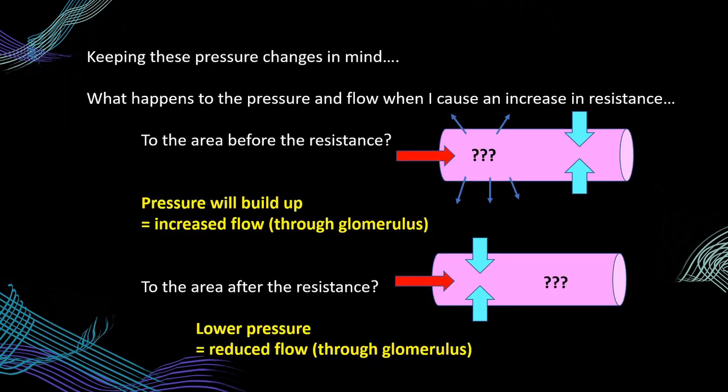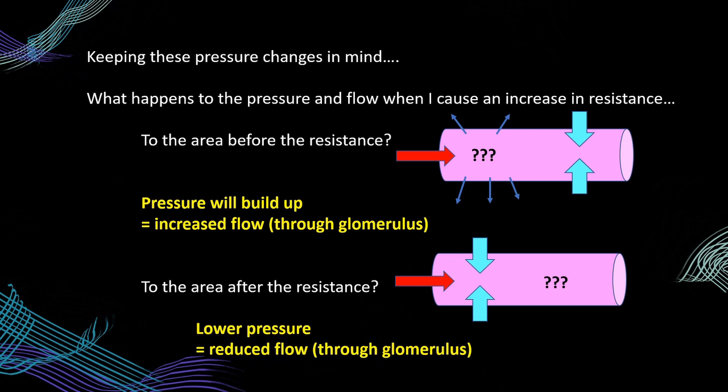So keeping these pressure changes in mind, we can vasoconstrict or vasodilate certain areas and change the pressure either before or after that area that we're altering. So for example, if this is a glomerulus right here, and I increase the resistance or vasoconstrict right after it, it's going to increase the pressure in the glomerulus before that constriction point.